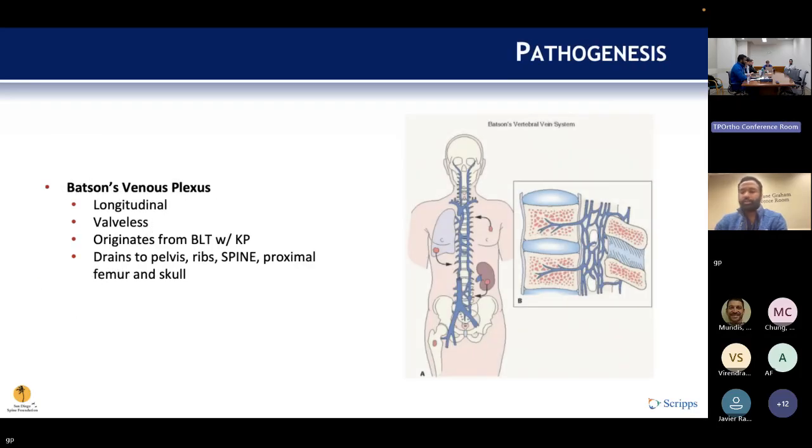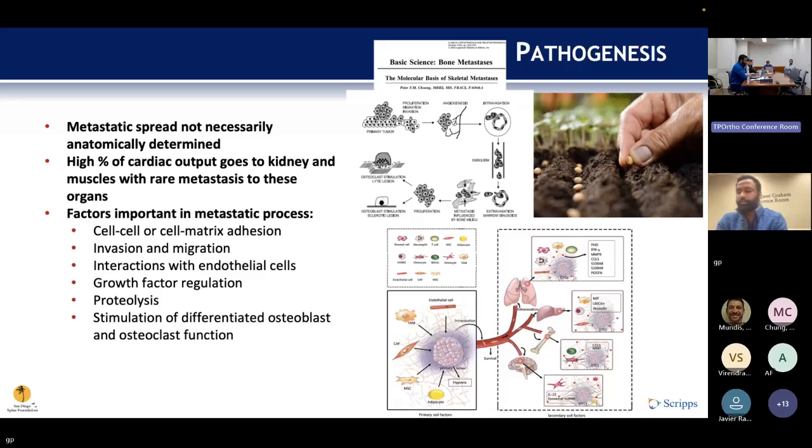Getting to the pathogenesis, there are various proposed mechanisms of how mets occur. One is Batson's venous plexus, a valveless venous plexus that provides a route for metastasis from organs to axial structures, such as the spine, pelvis, skull, and proximal limb girdles. There are also two other hypotheses, including the seed and soil theory, which states that tumor cells grow in compatible end organ environments, just as a seed needs suitable soil to germinate.